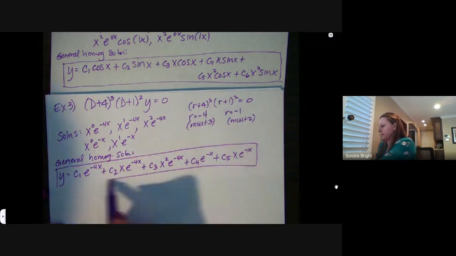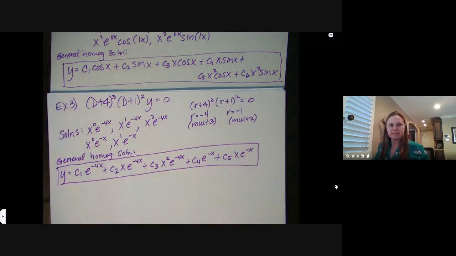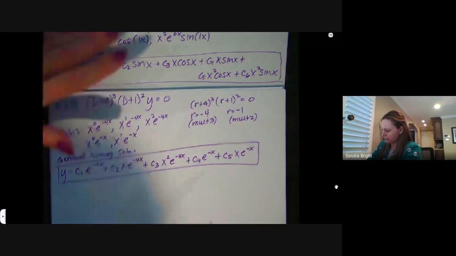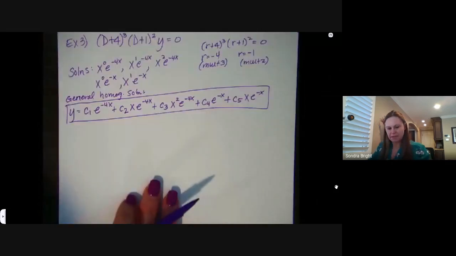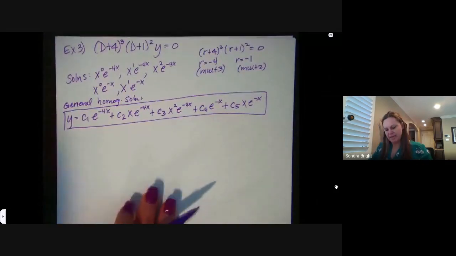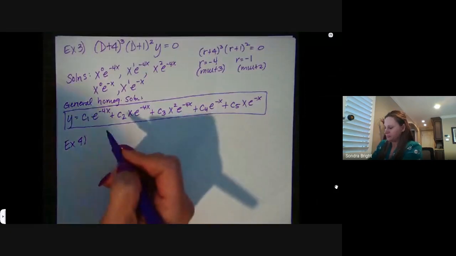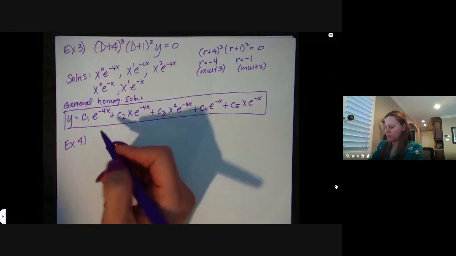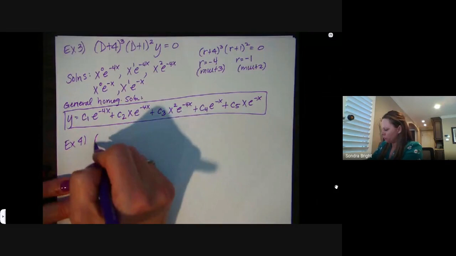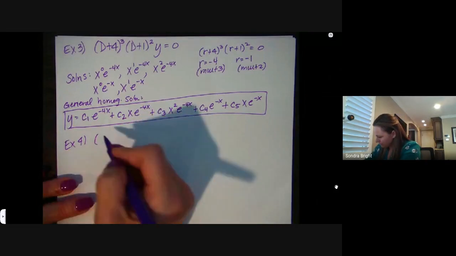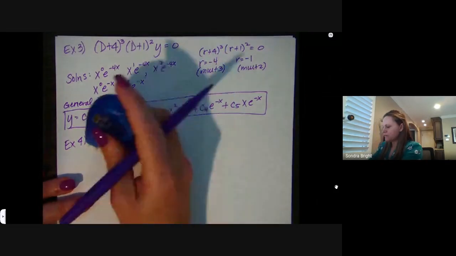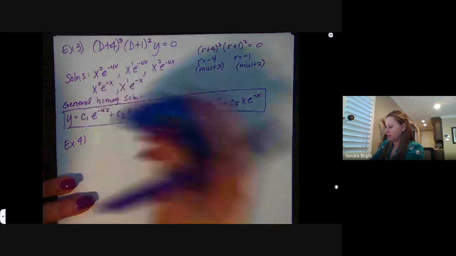All right, let's do another example. How many do I have here? Dang. All right. Got some more for you. Okay, example 4 is, what if I don't give it to you with these polynomial operators?